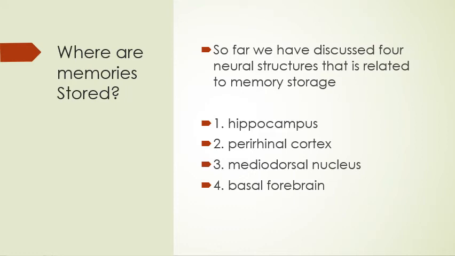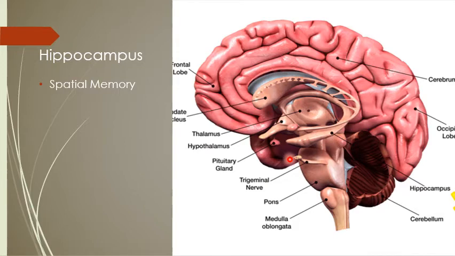Where are memories stored? So far we have discussed four neural structures that is related to memory storage. First, you have the hippocampus, the perirhinal cortex, the mediodorsal nucleus, and the basal forebrain. So again, the hippocampus is most likely associated with spatial memory. So the hippocampus is in this area, kani siya.